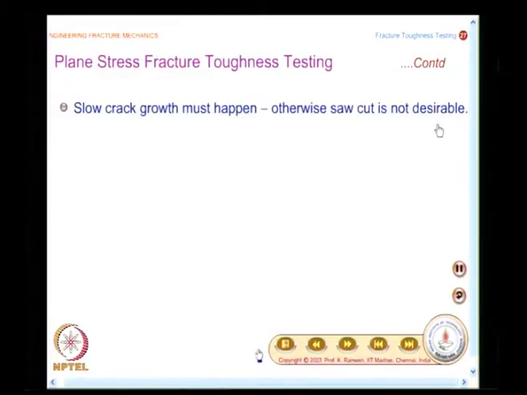So, in any plane stress testing, you should have a stable fracture followed by catastrophic failure. The indication is the saw cut has to be looked at. If the saw cut is of desirable dimensions, you will always see a stable fracture followed by catastrophic failure.